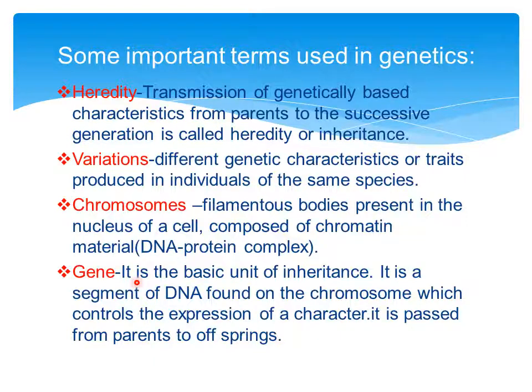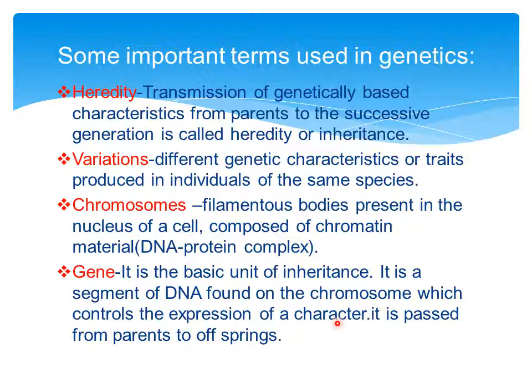Now next comes the gene. It is actually the basic unit of inheritance. It is a segment of DNA found on the chromosome which controls the expression of a character. How the character will look, that expression is carried by the gene, and it is passed on from parents to offspring. From generation to generation, the genes carry the expression of that character.